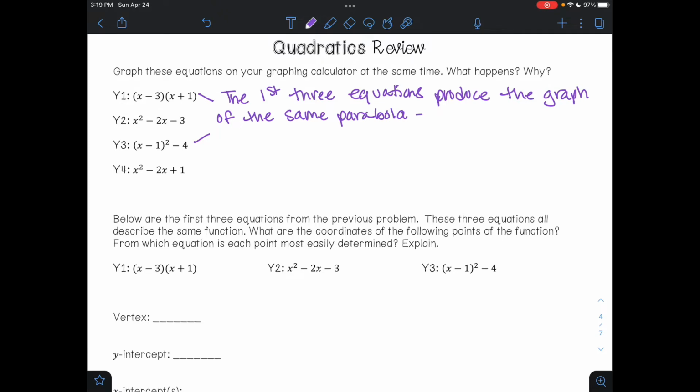These equations represent the same function written in different forms.